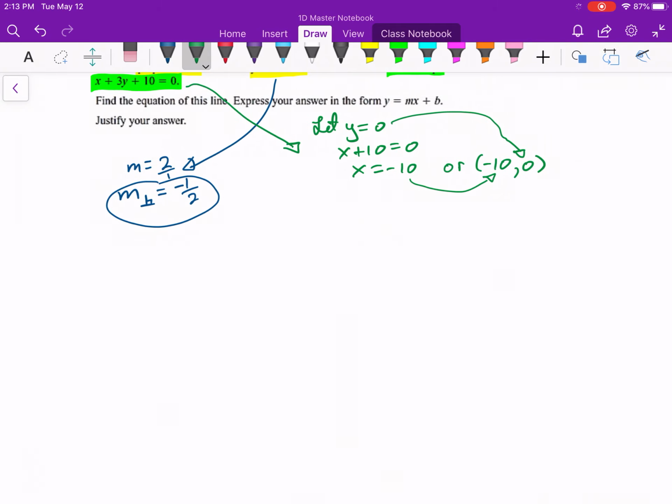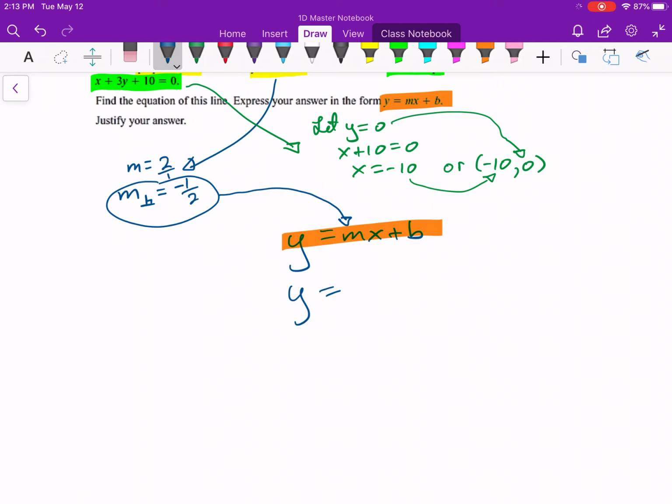The reason why I want to think of it as a point is so that I can then use that to calculate my line. So this is going back a few lessons now. We're going back to y equals mx plus b, because that's what the question asked for, right? But I can substitute in my slope. Again, a lot of arrows going on, but hopefully they'll help a bit.